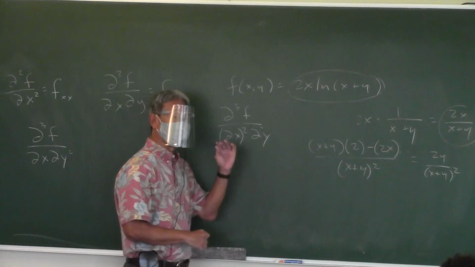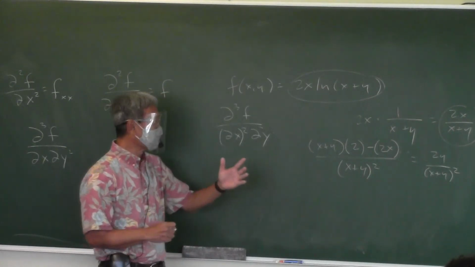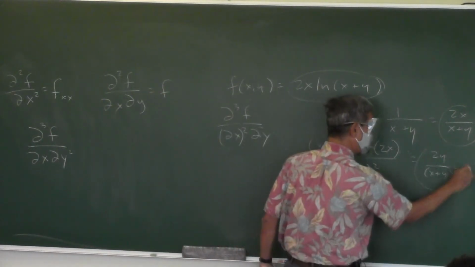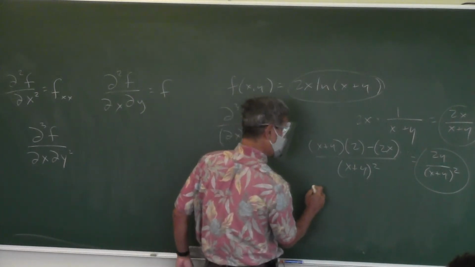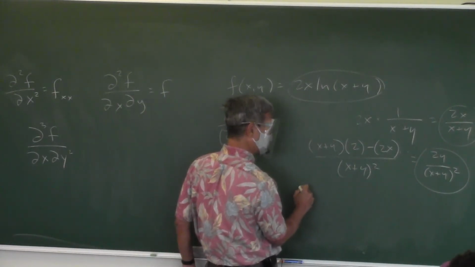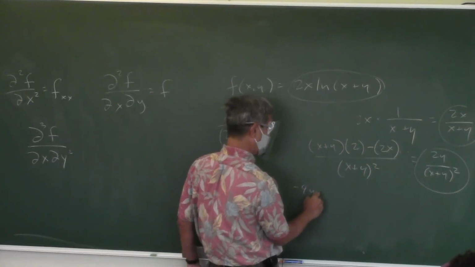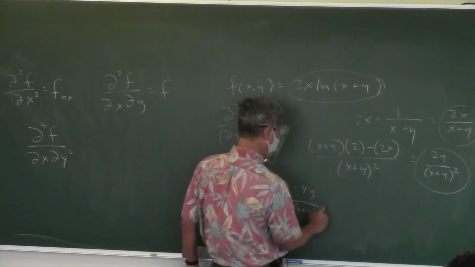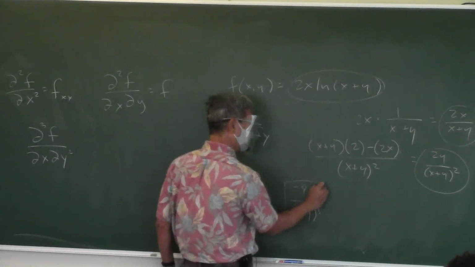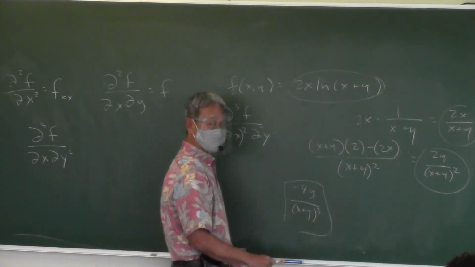And then now you take it with respect to x again. So what's the derivative of this with respect to x? Negative 4y over x plus y cubed. That is correct. You guys know how you got that?